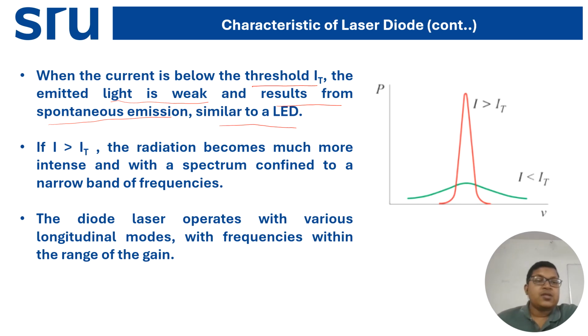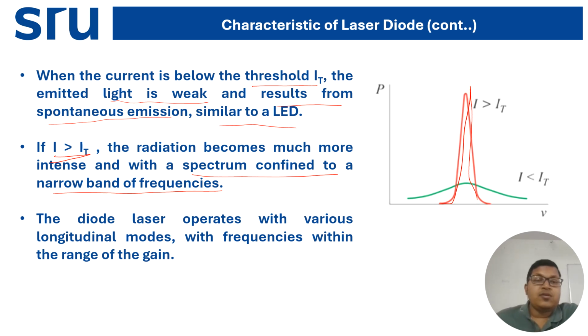Now the second condition: if I is greater than IT, the radiation becomes much more intense, with a spectrum confined to a narrow band of frequencies. You can see this is so narrow. This is why it is called lasing action.